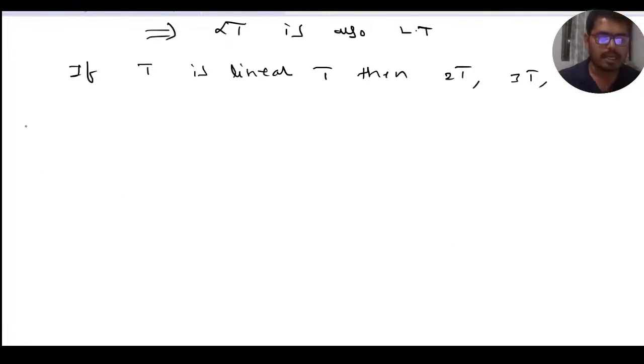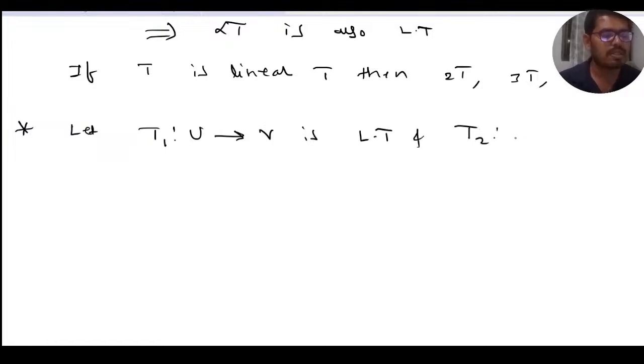Then the next condition is, what about the sum of two linear transformations? Suppose we have two linear transformations, T1 from U to V is a linear transformation, and we take another transformation T2 also from U to V, which is also a linear transformation.